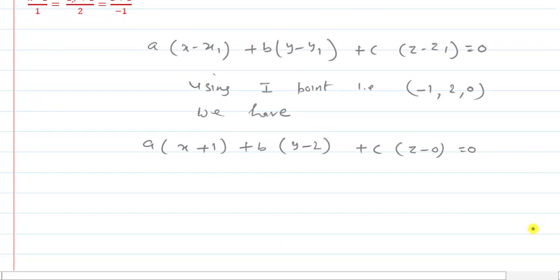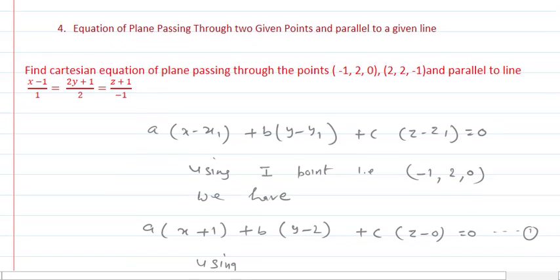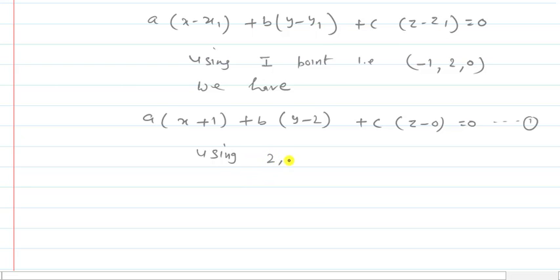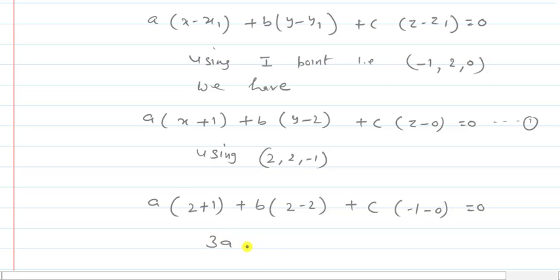Let us name this as equation number 1. Then using second point, and the second point is 2, 2, -1. So we are getting a into 2 plus 1 plus b into 2 minus 2 plus c into -1 minus 0 is equal to 0. Therefore we are getting second equation in terms of a, b, c as 3a plus 0b minus c is equal to 0, and this is equation number 2.